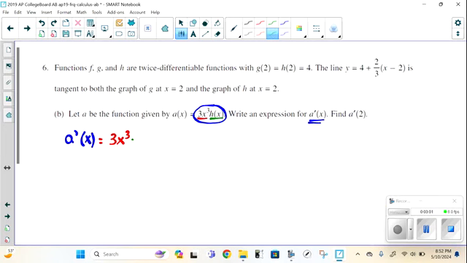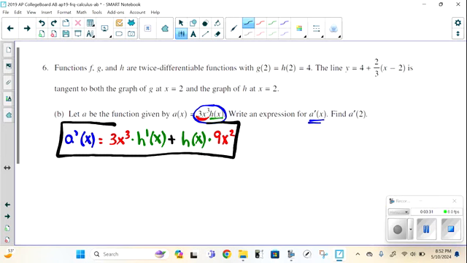The derivative of h is just h prime of x, plus the second, just as it is, h of x times the derivative of the first, which is 9x squared. 9x squared is the derivative of 3x cubed. Okay, this is the expression for a prime of x.